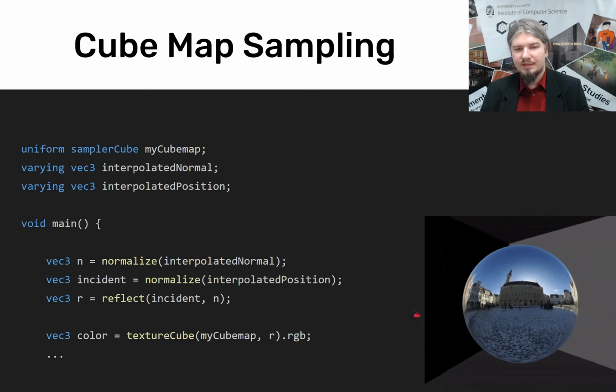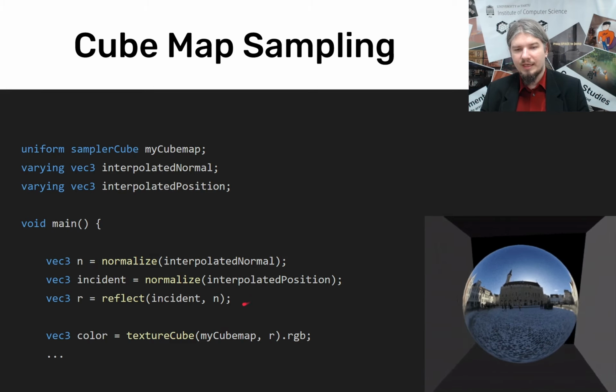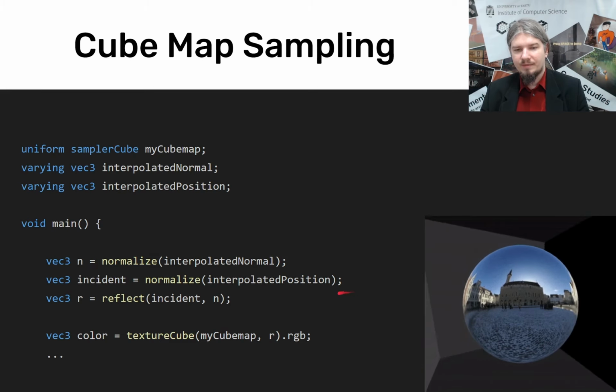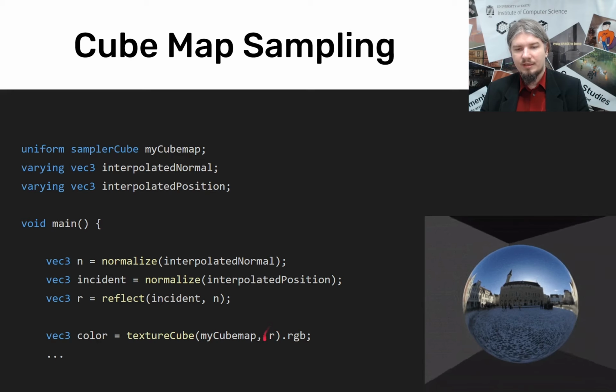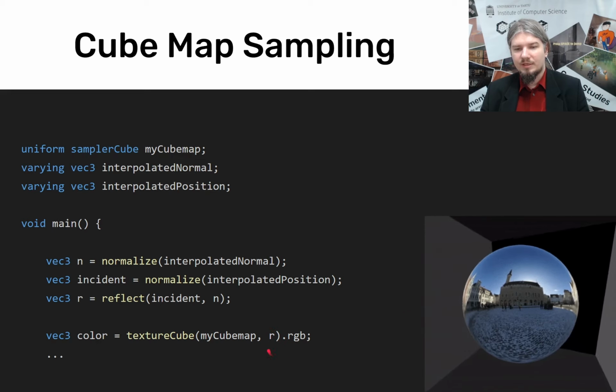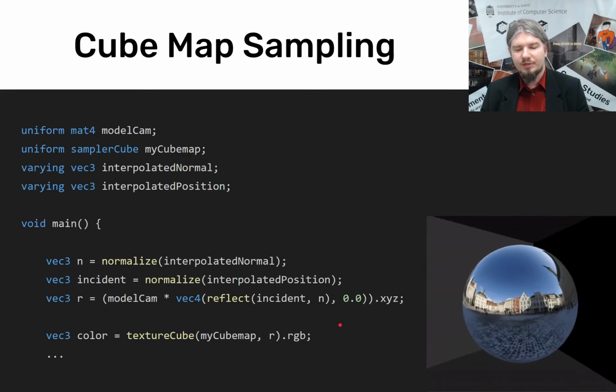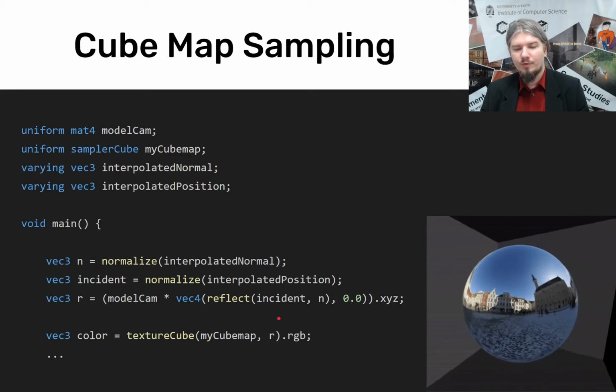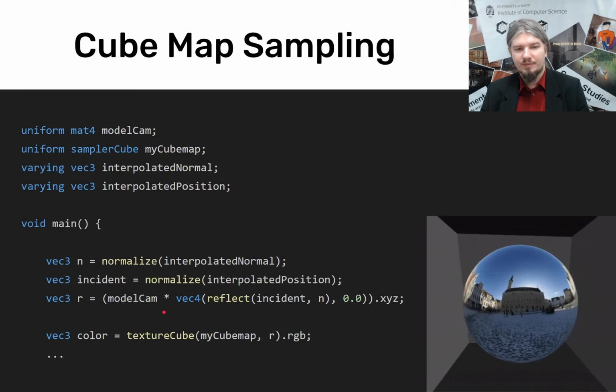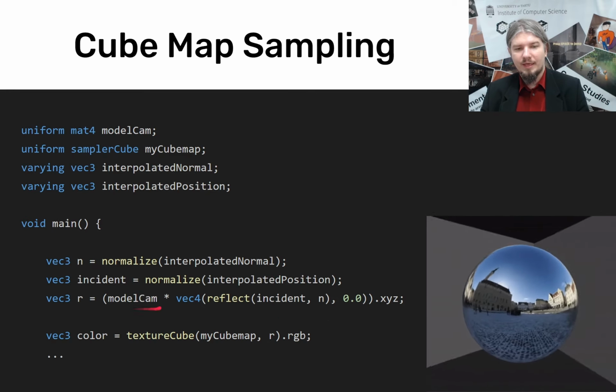Well, the reason is that all of our vectors here are in camera space. So this reflection vector is represented in relation to the camera. So when the camera rotates, the coordinates of this reflection vector don't really change. To fix that issue, you should actually do this calculation in world space, or you move your reflection vector into world space using the model matrix of the camera.